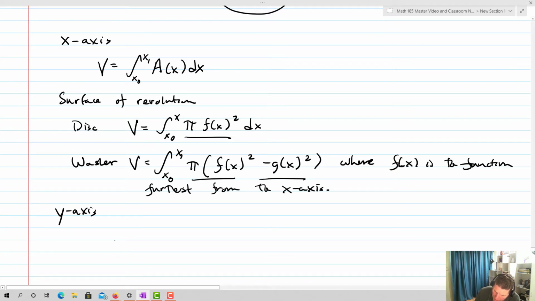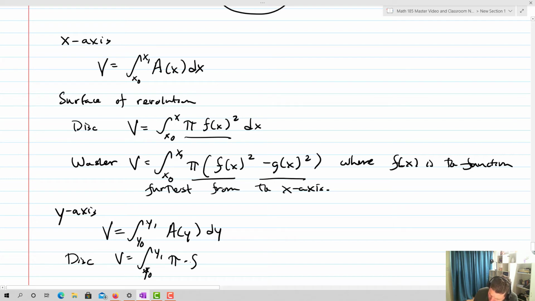we're going to get V equals the integral from y0 to y1 of A of y dy. Okay, so everything gets written as a function of y. Our disk will be V equals the integral from y0 to y1 of pi times f of y squared dy.